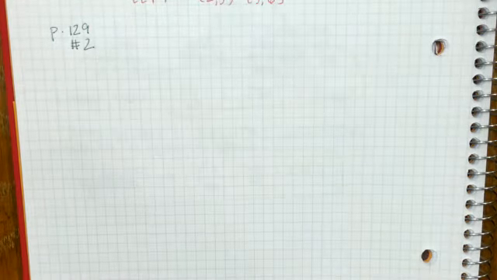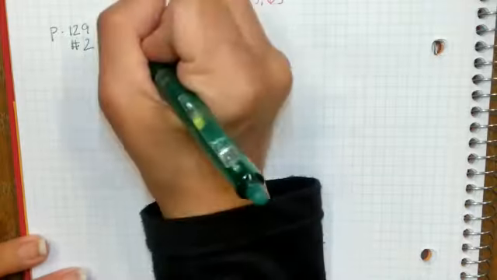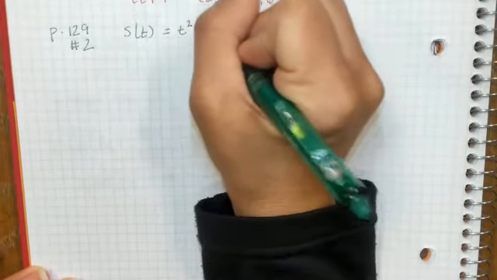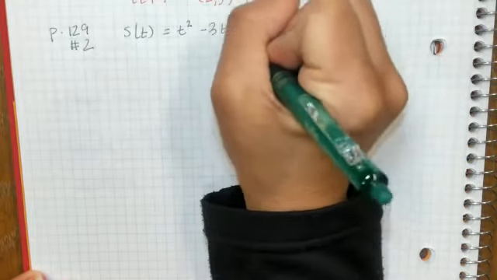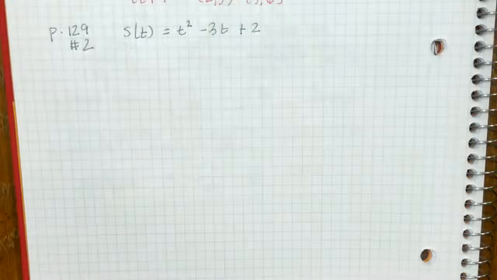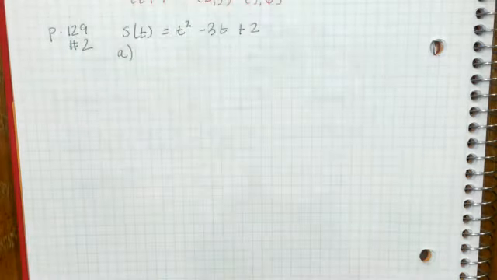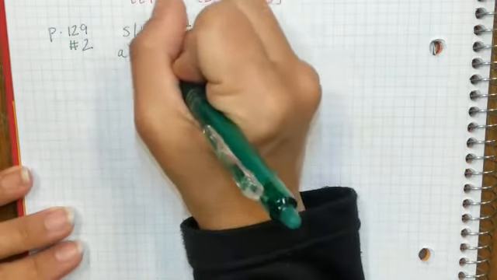It says a particle moves along a line so that its position at any time t greater than 0 is given by the function s of t, where s of t is position, equal to t squared minus 3t plus 2. So part A says find displacement during the first 5 seconds.